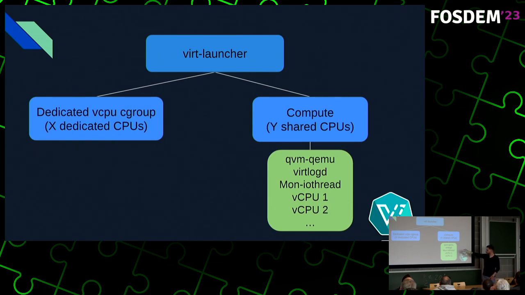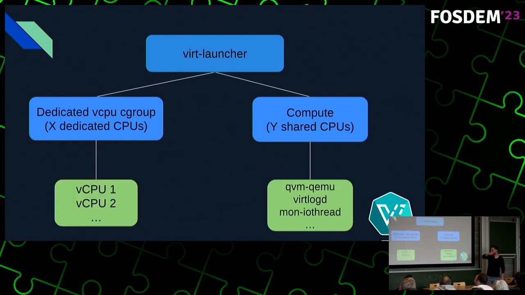In the compute container, everything is run when the VM is started. But right after it's started, or right before, we move the vCPUs into the different container. And that basically solves our problem, because now all of the housekeeping tasks are run with shared CPUs, and the vCPUs are running on dedicated CPUs.